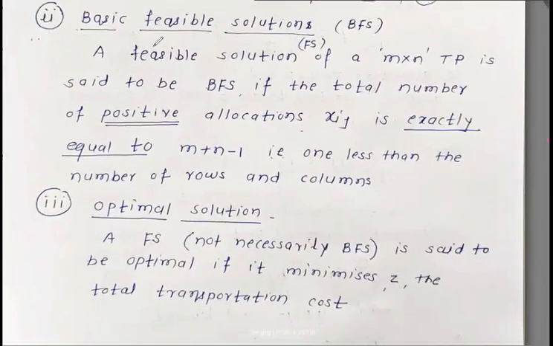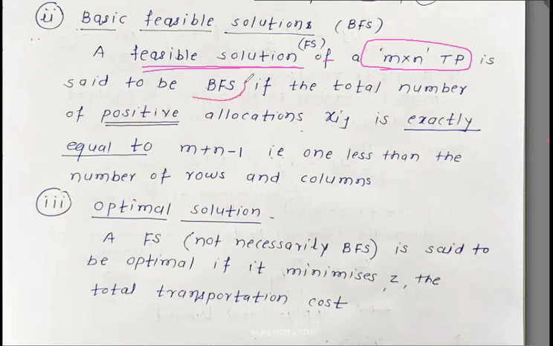Now second, basic feasible solution. A feasible solution of an M cross N transportation problem, that is, a transportation problem in which there are M rows and N columns in the transportation matrix, is said to be a basic feasible solution if the total number of positive allocations Xij is exactly equal to M plus N minus 1.